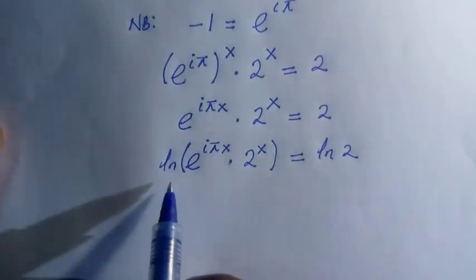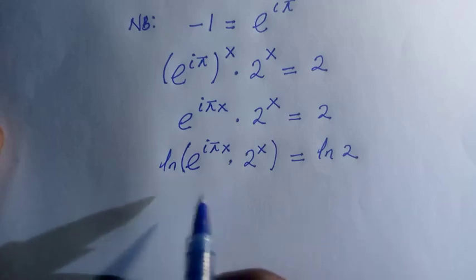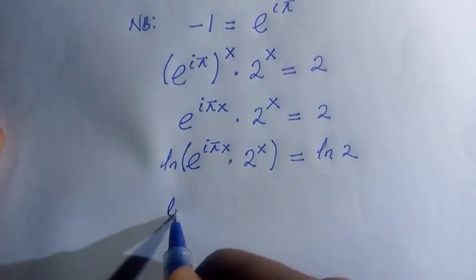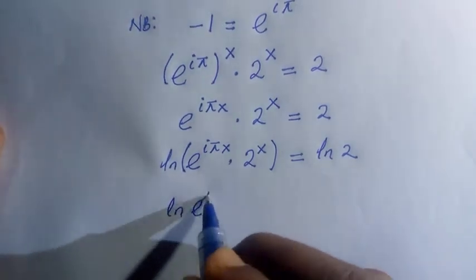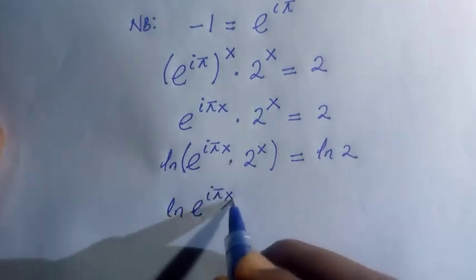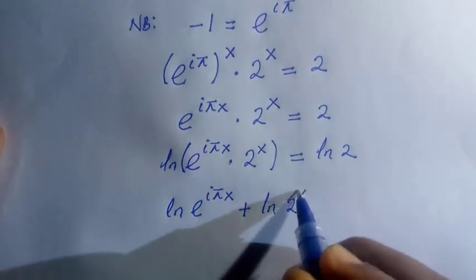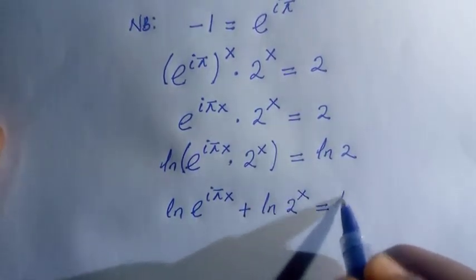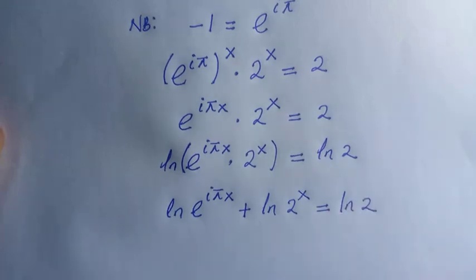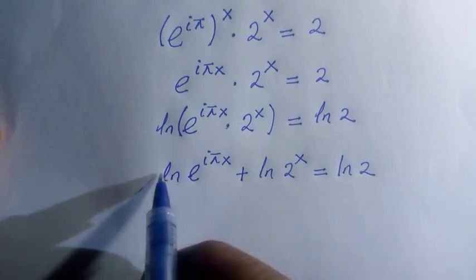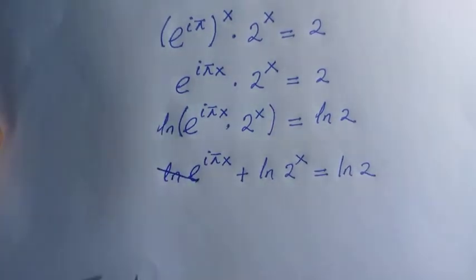So we have to apply the rule of logarithm at this point by changing this multiplication to addition, as we have ln e to the power of i pi x plus ln 2 to the power of x equals ln 2. And with this one, ln and exponent are inverse to each other.